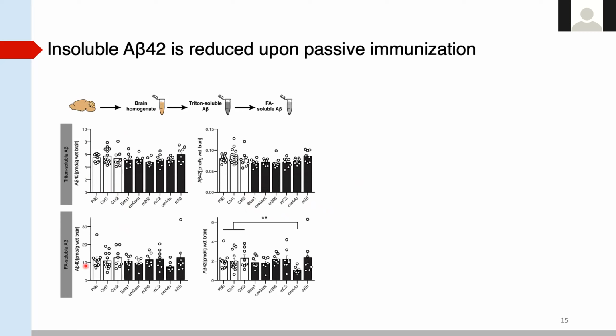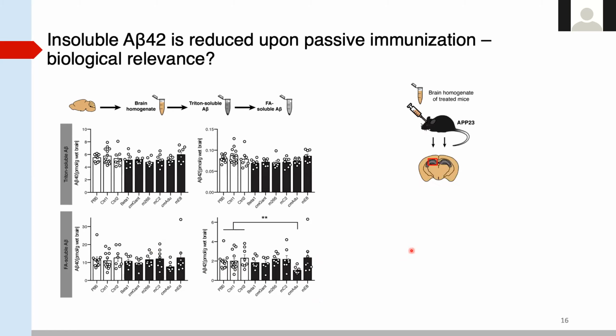In the formic acid fraction, where we consider we see all the aggregated A-beta, we see a slight reduction in A-beta 40 in the animals treated with ADO, which was significant when we measured A-beta 42. Apparently ADO was the only antibody able to reduce something at this early age, seen by Triton and formic acid extraction. This was the first hint that we were able to target A-beta assemblies at this very early time point. But we did not know if this had any biological relevance.